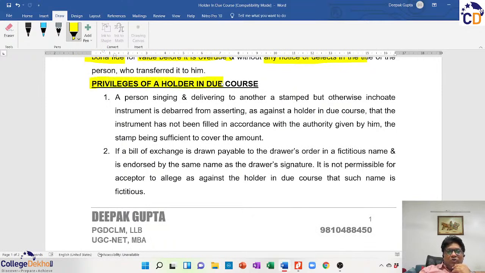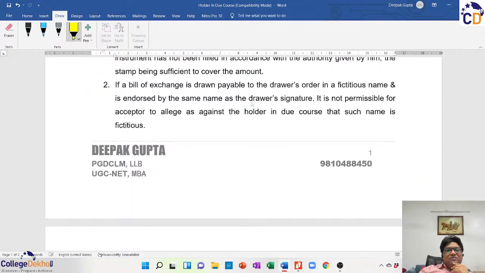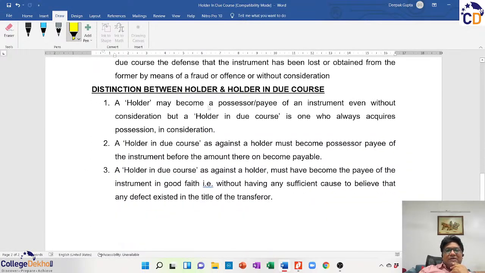So before I move on to the privileges, what I have told, I will summarize it by putting up the concept of holder in due course and holder and their distinction. And if you see, a holder may become a possessor or the payee even without consideration, but a holder in due course always requires the possession in consideration.